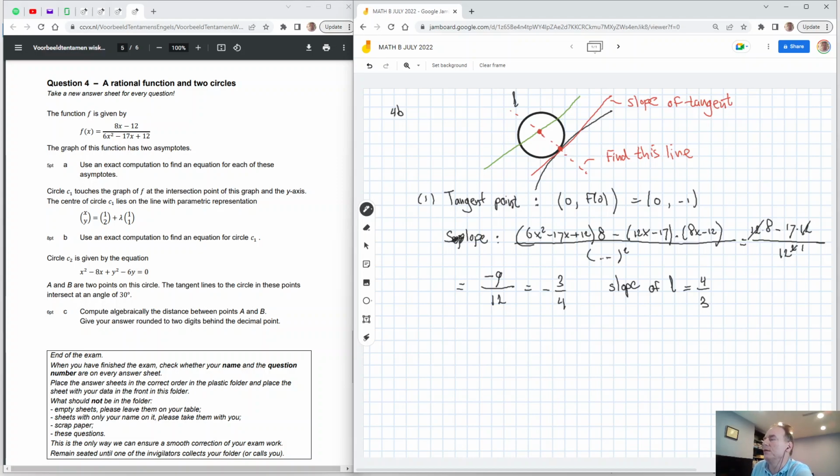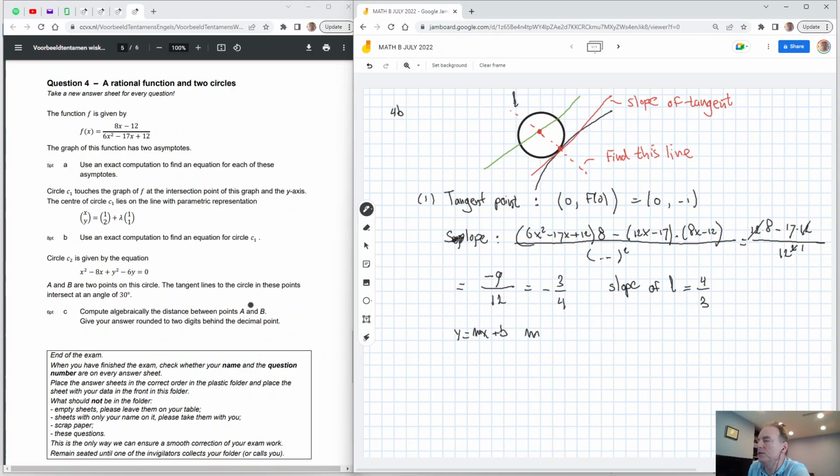And this line has to go through the tangent point. So let's use the slope-intercept form. y equals mx plus b.